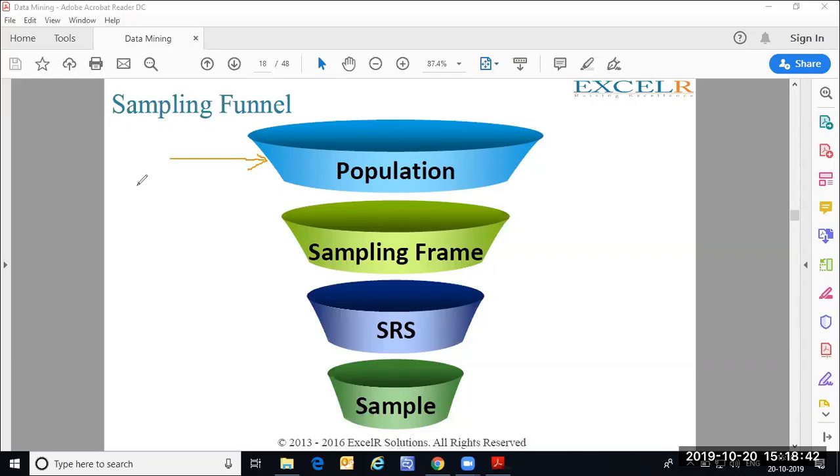What kind of parameters would help me to analyze whether opening a store in that area would be beneficial or not? What do you think are the parameters? Parameters are nothing but the features or variables or attributes about the people who are staying in that locality.